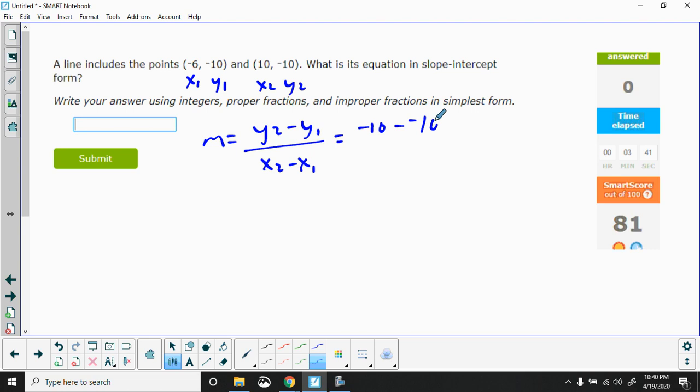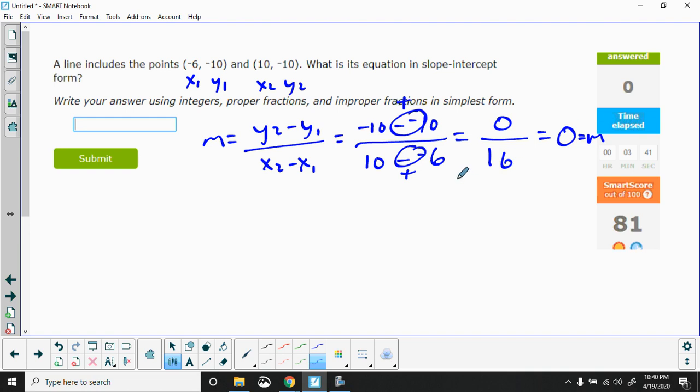Or minus sign and then a negative, I guess is what I should say. x2, 10 minus 6. Again, 2 negatives, they make positives. So negative 10 plus 10 is going to be 0. 10 plus 6 is 16. But 0 divided by anything is 0. So our slope is going to be 0.